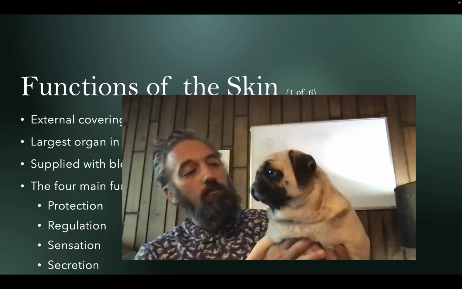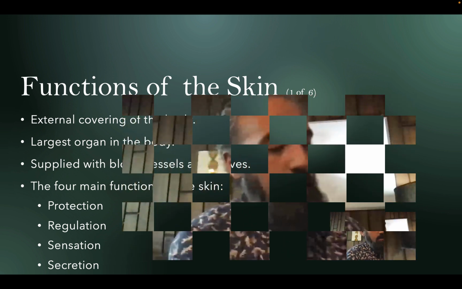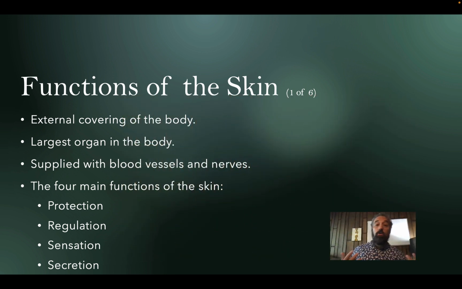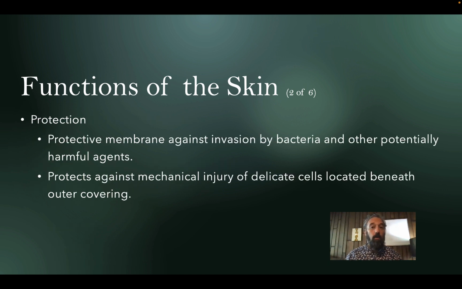The skin on different creatures, including humans and pugs, can come in a variety of forms. Depending on where you are on the human body, it'll look slightly different. Humans are mammals, which means that we have hair. We may not have as much hair as, say, my pug, but we do have a variety of things.